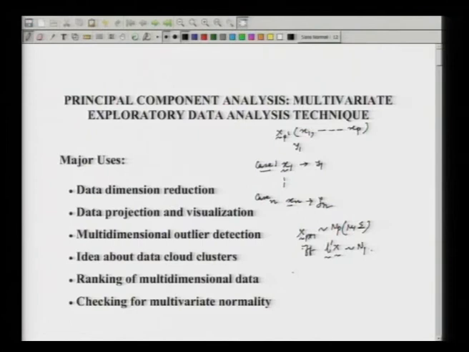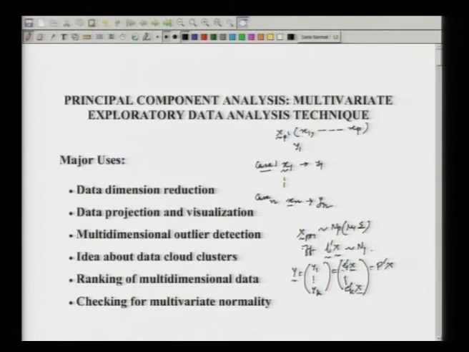Now, we have k such principal components y 1, y 2 to y k, and if you recall, these are nothing but E 1 transpose x up to E k transpose x. These are all linear combinations of x. So, this is our P transpose x matrix.